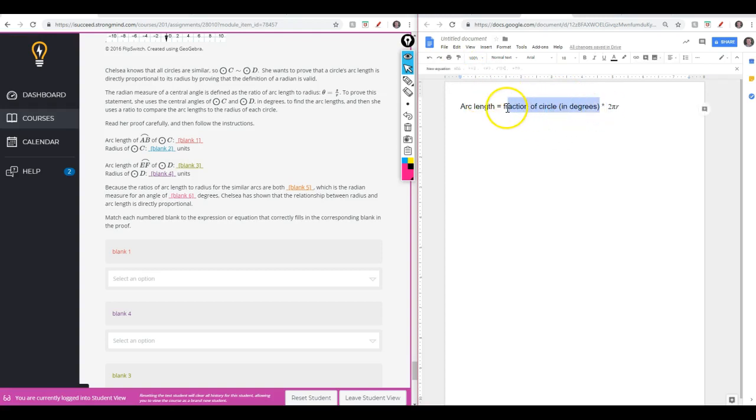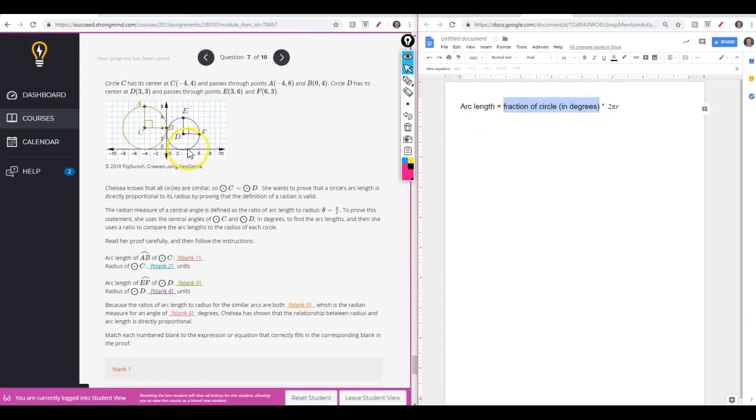The fraction of the circle in degrees: we know the central angle cuts off an arc of the same measure, so this would be 90 divided by 360. So our arc length is going to be 90 divided by 360 times 2 pi times the radius.